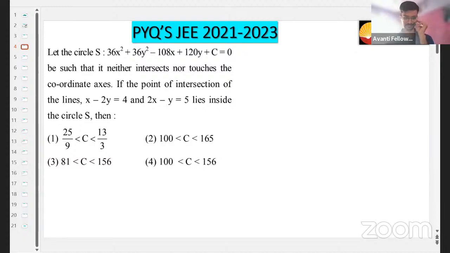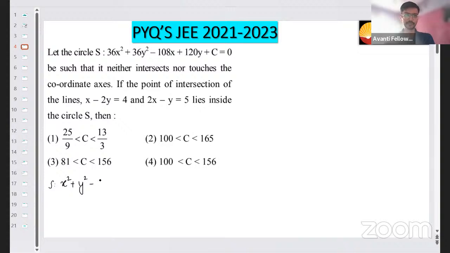So let us first try to find the center and radius, right? So, yeah, we have to divide the equation by 36 to get the center and radius. So it will be x square plus y square minus 108 by 36.